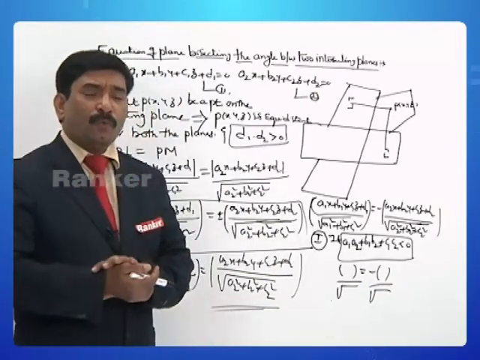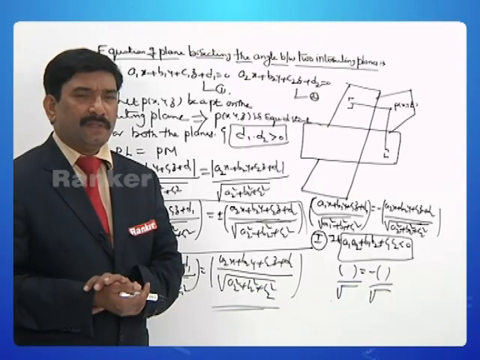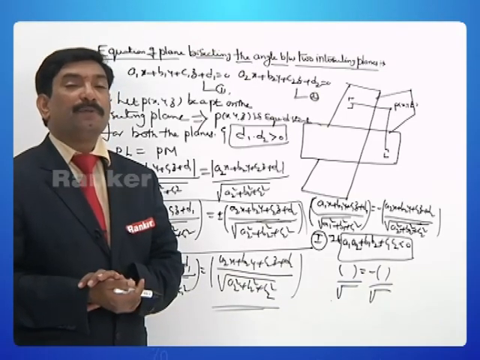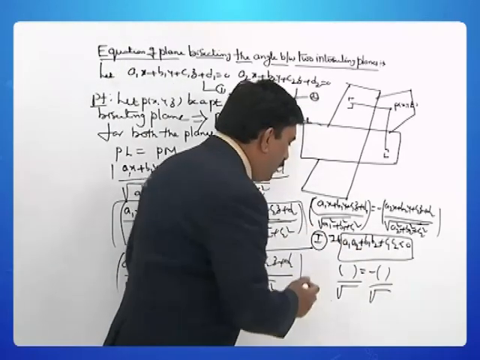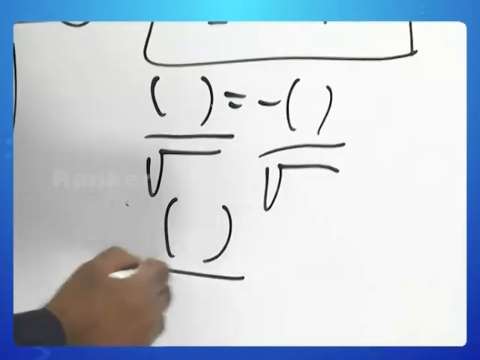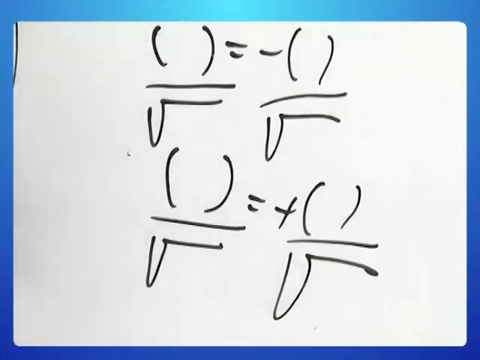Then what is the equation of the obtuse bisector? Quite the opposite sign. I can write the equation of the obtuse bisector with the plus sign.